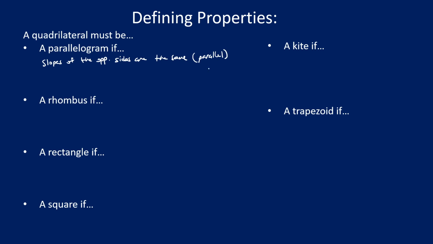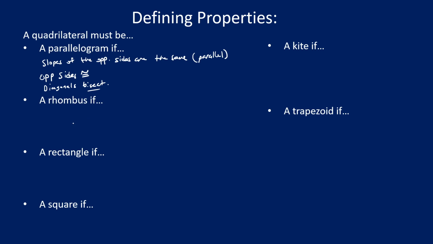Remember, a parallelogram is 2 sets of parallel sides. We could check if opposite sides are congruent. We could also check if the diagonals bisect. And usually that's going to be the easiest way to do it because you just need to calculate midpoints. You can do it the other ways, it just takes a little bit more work.